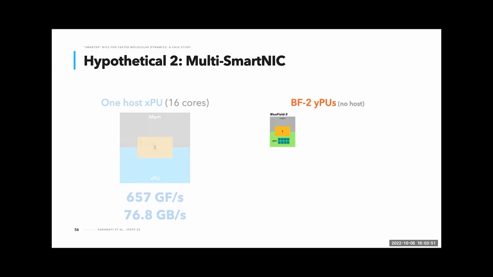Now suppose we consider the BlueField 2 network interface card with no host. It has a comparatively weak processor and low memory bandwidth compared to its usual host. Its peak performance is 80 gigaflops per second in single precision, and its memory bandwidth is 25.6 gigabytes per second.